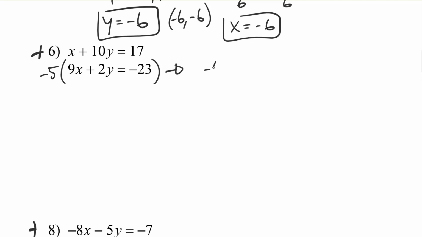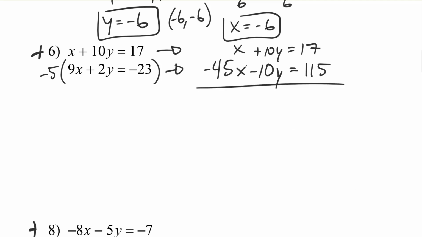So we'll get negative 45x minus 10y equals, and 5 times 20 makes 100, so 5 times 23 would be 115. Two negatives make a positive. I'll rewrite this top equation over here, so we get x plus 10y equals 17.